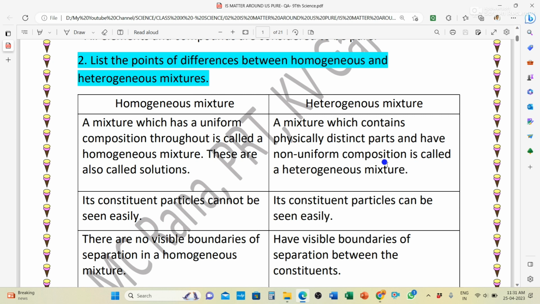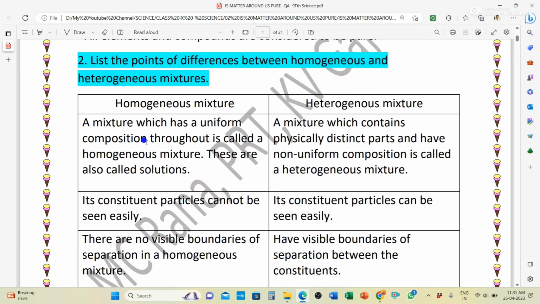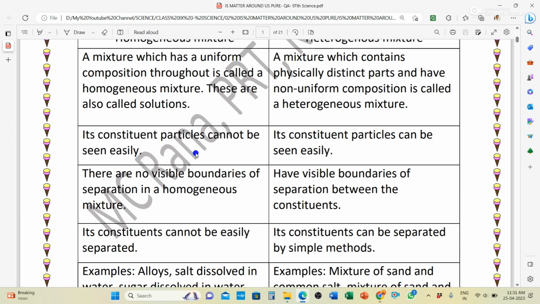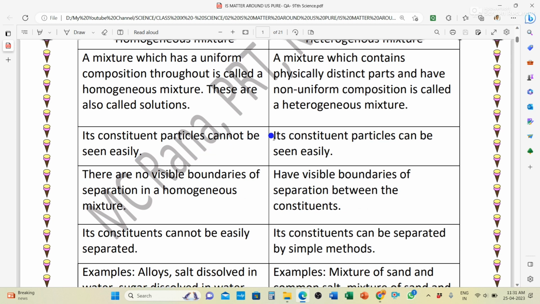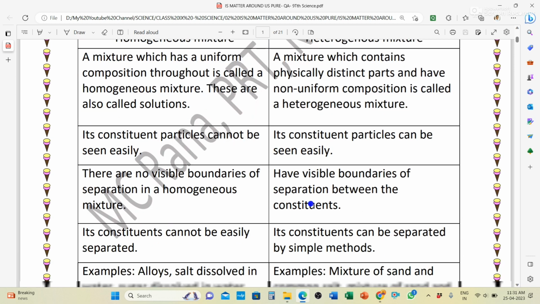That means the ratio of the components in different parts of the mixture is different. In case of a homogeneous mixture, the ratio of the components is the same at every point of the mixture. Second, in a homogeneous mixture, its constituent particles cannot be seen easily. But in a heterogeneous mixture, its constituent particles can be seen easily.